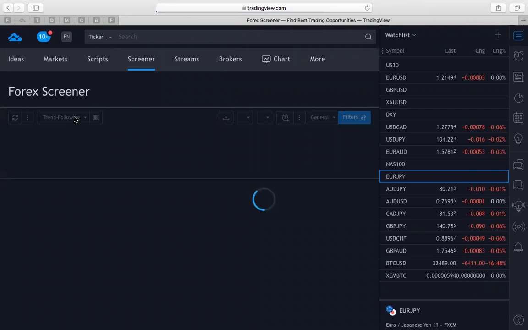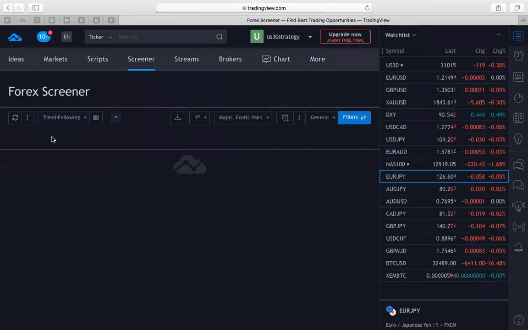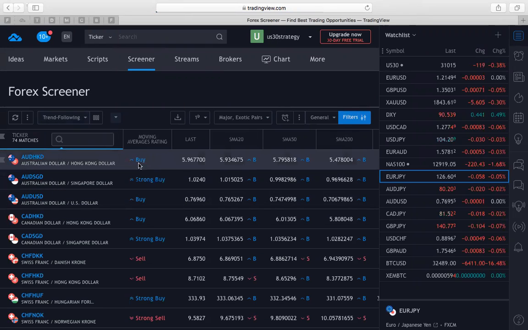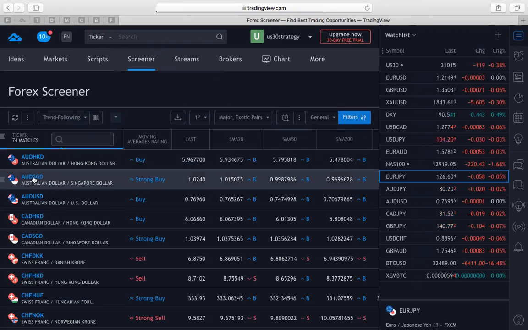So you go for trend following. This is a bit slow in loading, but once you check on your laptop you see that. So you can see I have a buy, but this is not a strong buy. You can see AUD SGD is a very strong buy.